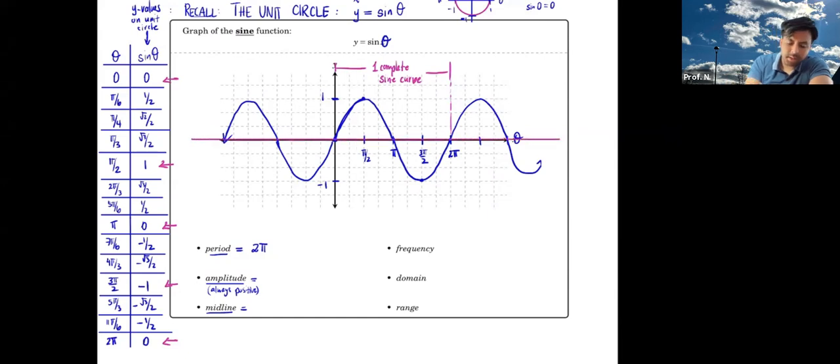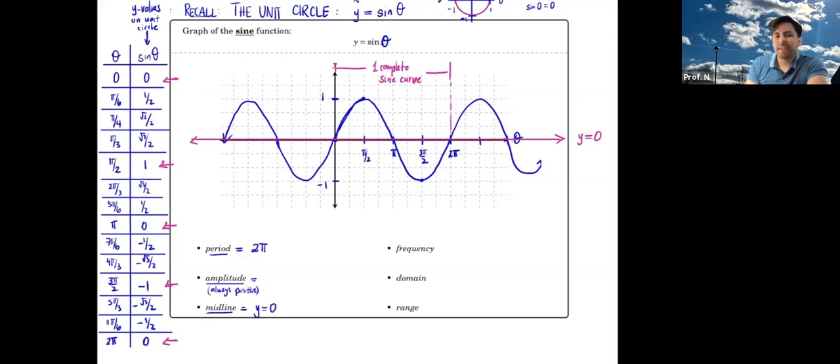That's going to be my midline because it cuts through a half of the sine curve, right? It divides it in half, horizontally speaking. So the x-axis, or the theta axis in this case, the horizontal axis is my midline. And then how do I write that as my midline? Well, it's a horizontal line, right? So y equals 0. So y equals 0 is my midline.